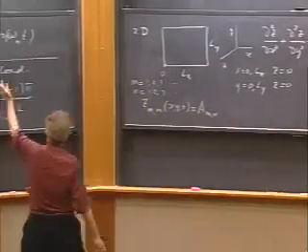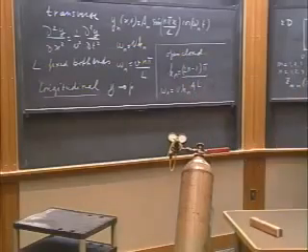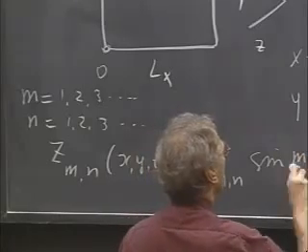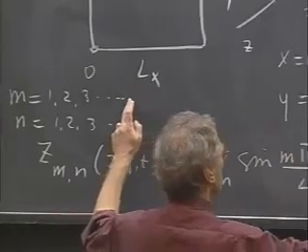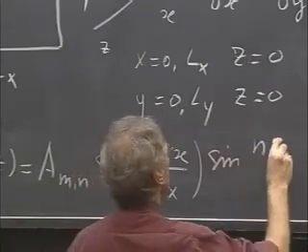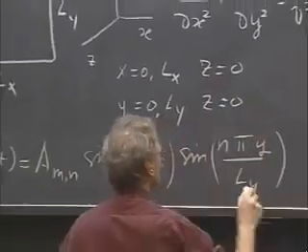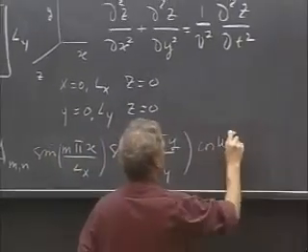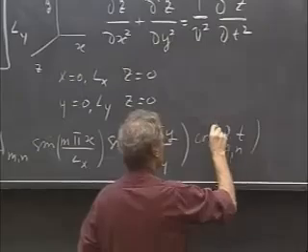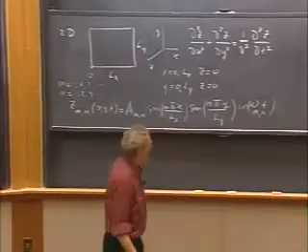And now I get something extremely similar to this, except I get two sines. So I get here sine of m pi x divided by Lx times the sine of n pi y divided by Ly times the cosine of omega mn times t.